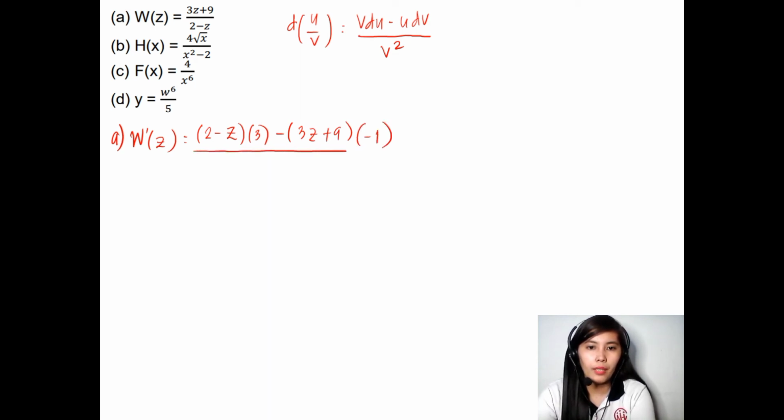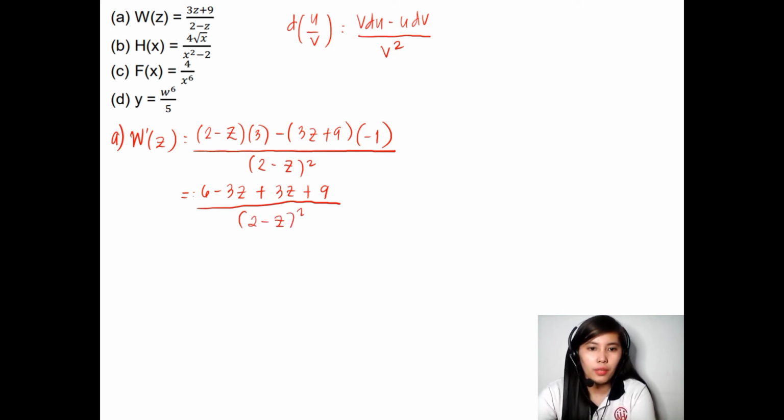Then v squared, 2 minus z squared. So this will be 6 minus 3z plus 3z plus 9 over 2 minus z squared.